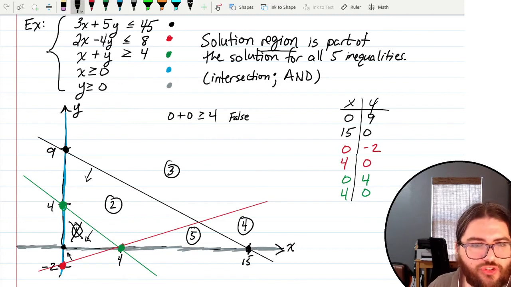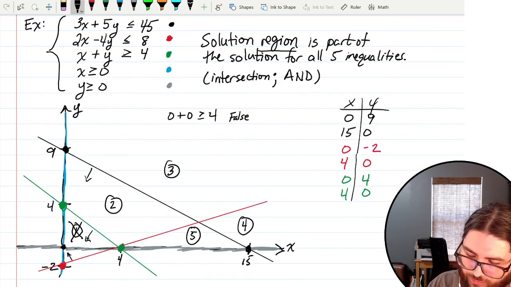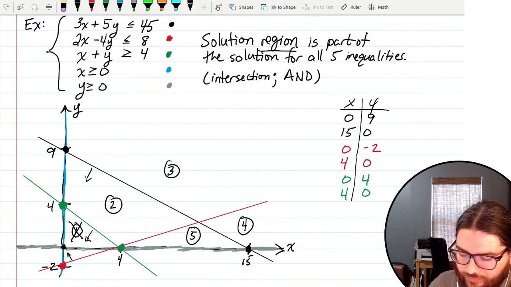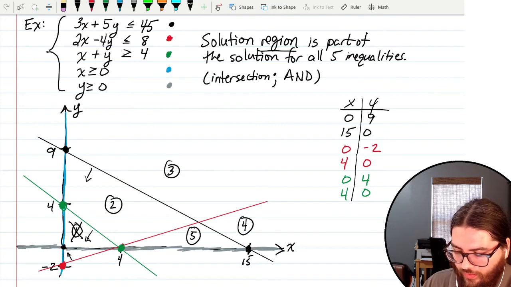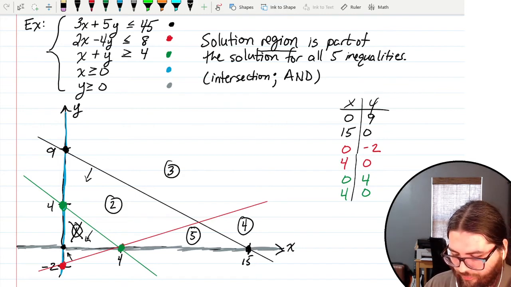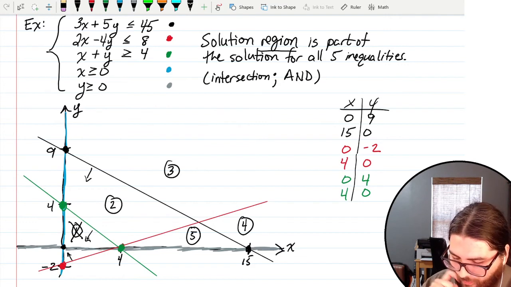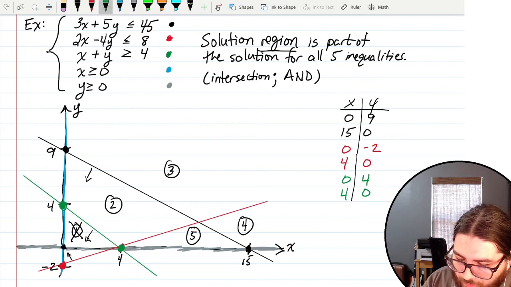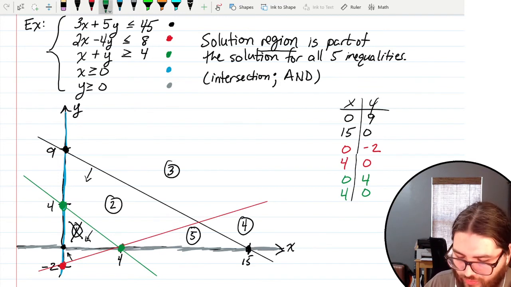Let me test region 2. Show you. So for region 2, let's see. We know that as far as the green line is concerned, I should be shading away from the origin because the origin didn't work.